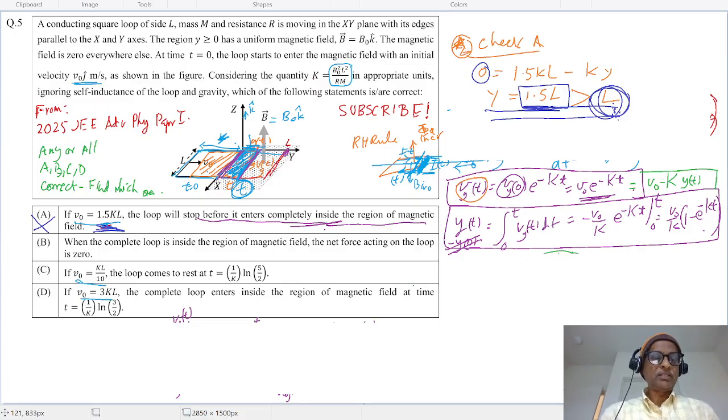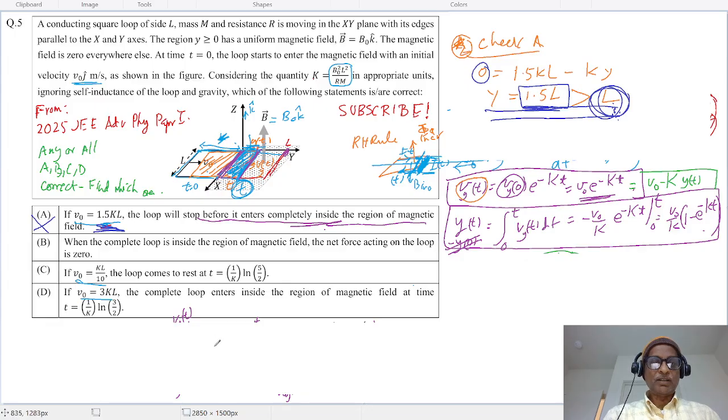Let's see B. When the complete loop is inside the region of magnetic field, the net force acting on the loop is 0. We don't need to use these at all to answer this.